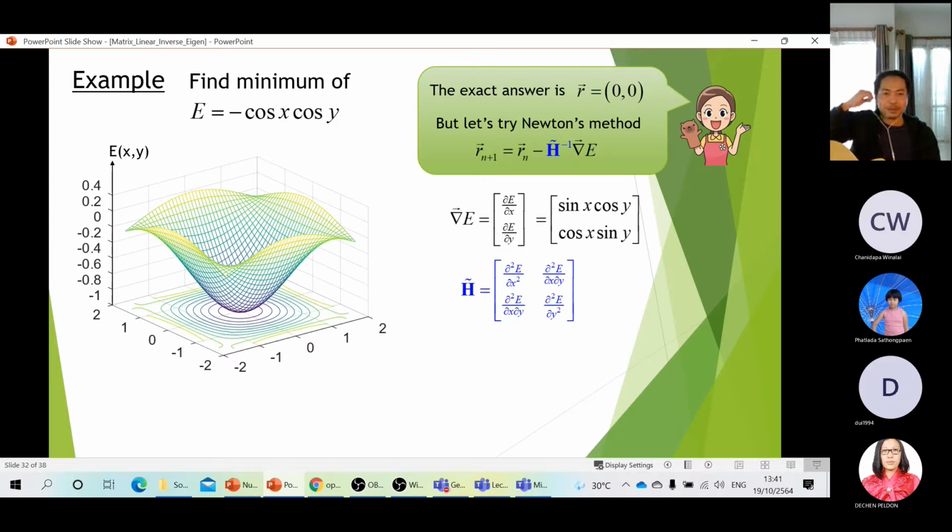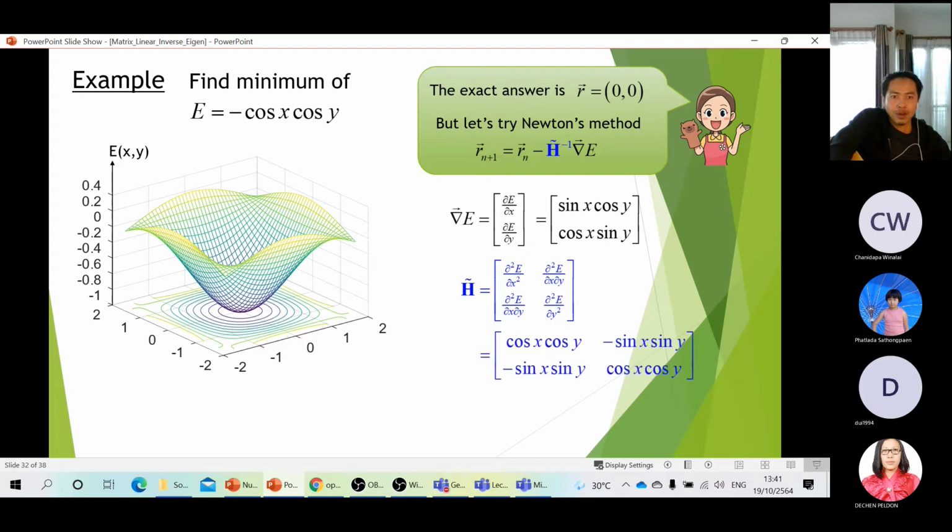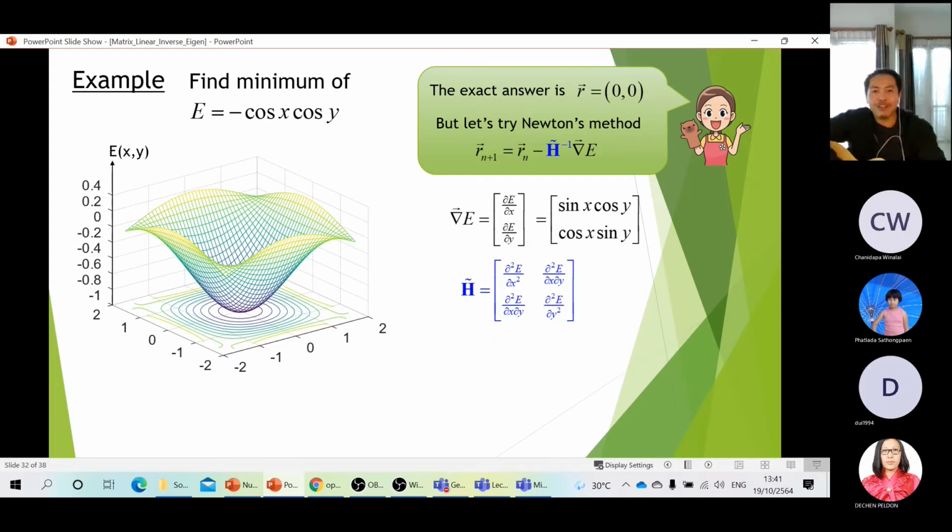So you're ready. What about the upper left corner of the matrix, d2E/dx squared? What do you get? You already have the dE/dx. If you diff it one more time. Yes? Cos x sin y. Very good. I shouldn't give you all the answer.